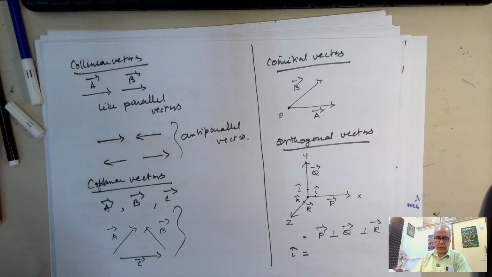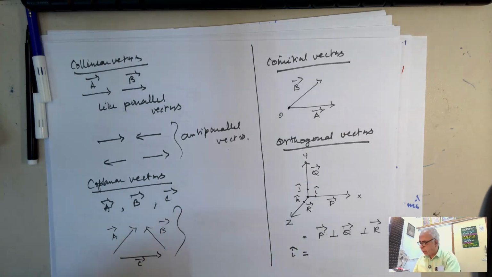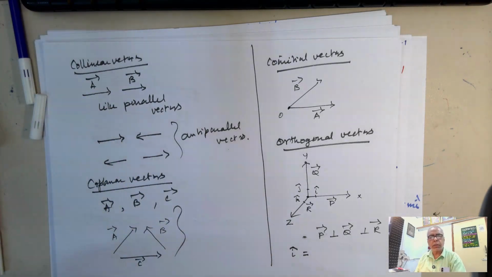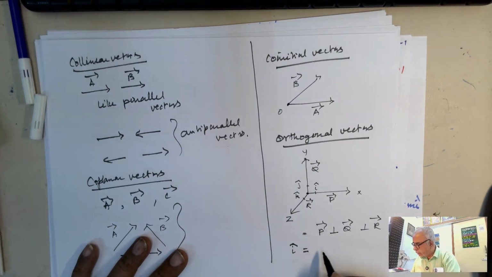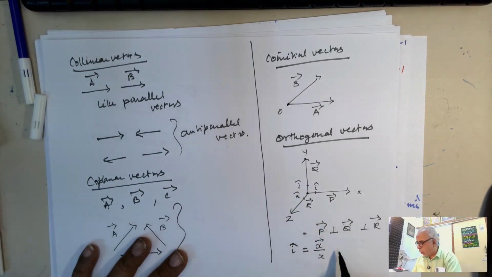So let us consider this I vector, I cap actually. So I cap here, it is represented as what? That is x vector divided by x. Do you understand? Or x vector divided by x vector modulus. X vector modulus is nothing but the magnitude.